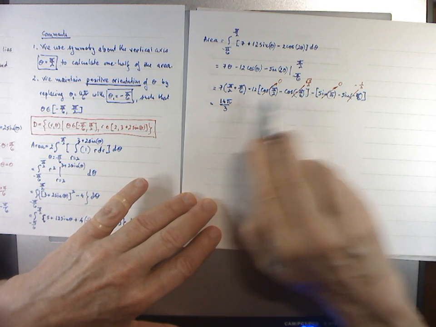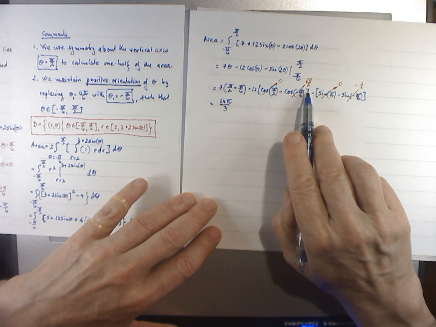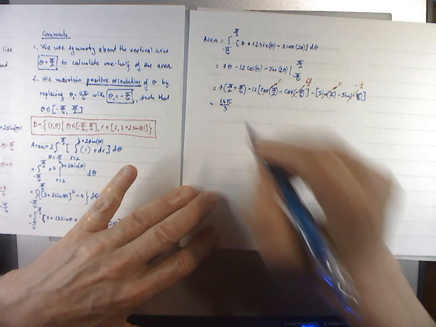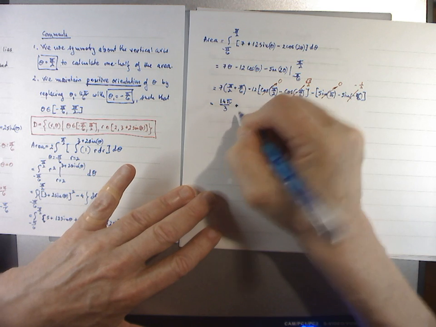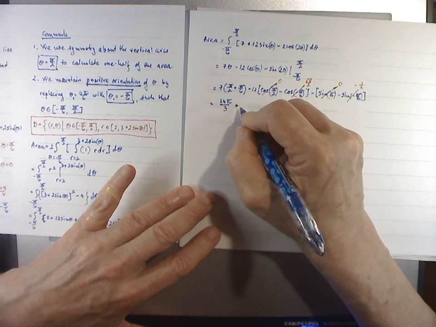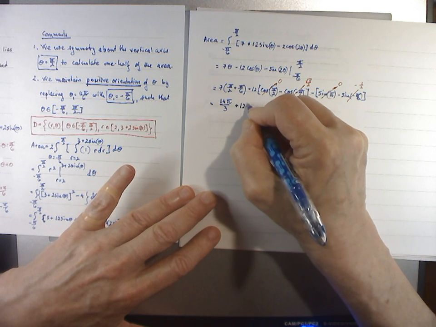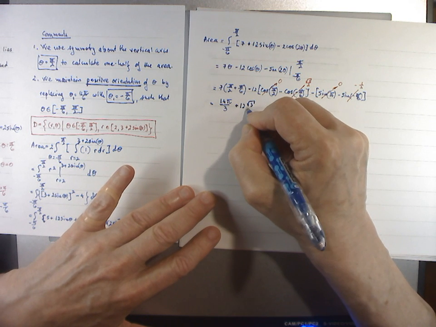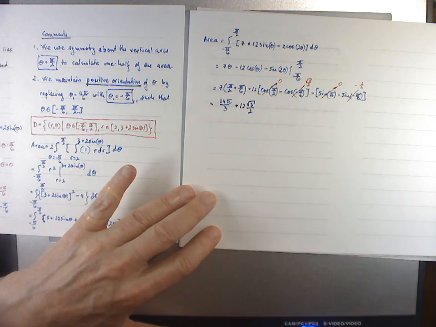We have negative 12 times the negative square root of 3 over 2, so it will be positive 12 times square root of 3 over 2. I'll reduce it later to 6 times square root of 3.